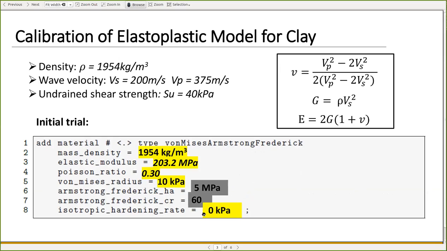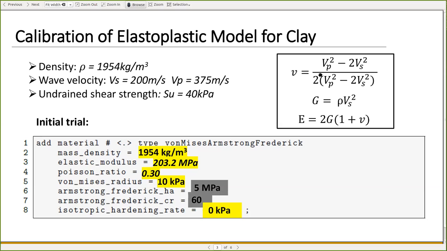Let's say, for example, we are given a clay with density rho equal to 1,954 kilograms per cubic meter, and we also know the shear wave velocity and the P wave velocity of this clay, and an undrained shear strength of 40 kilopascal.